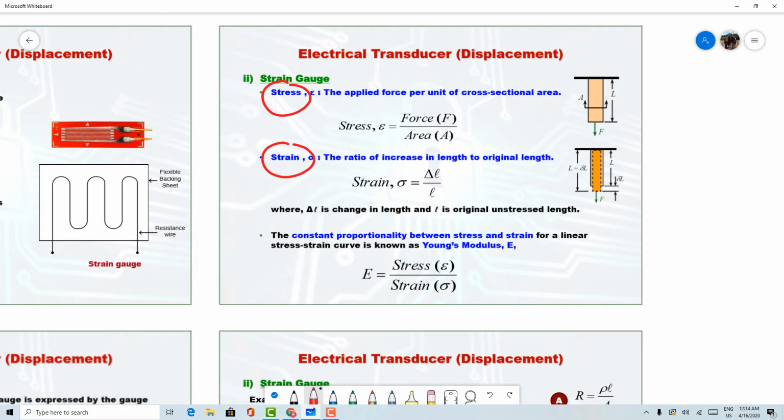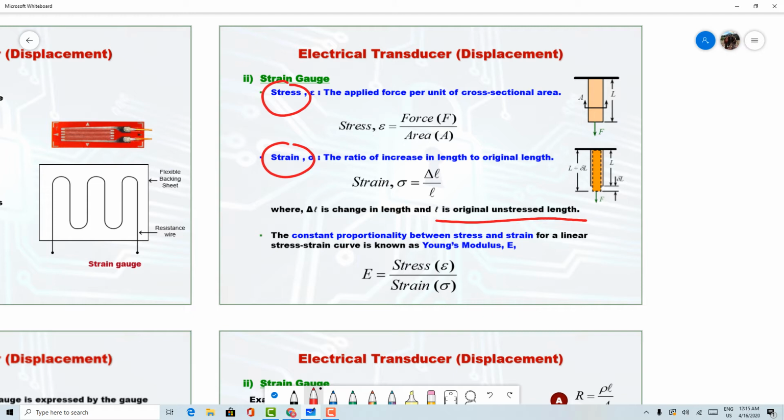L is the original, before we apply a certain force, the original unstressed length.